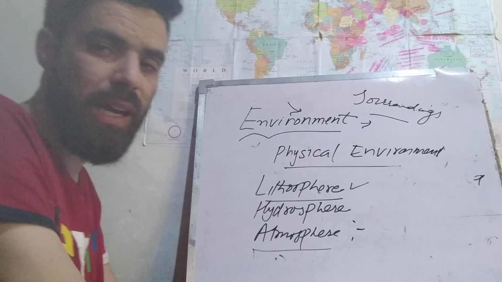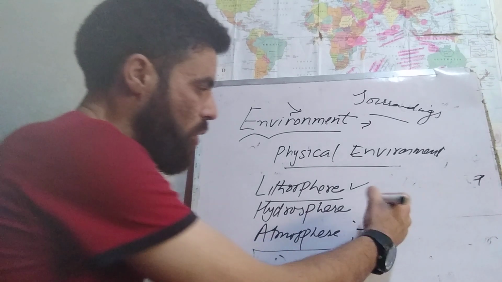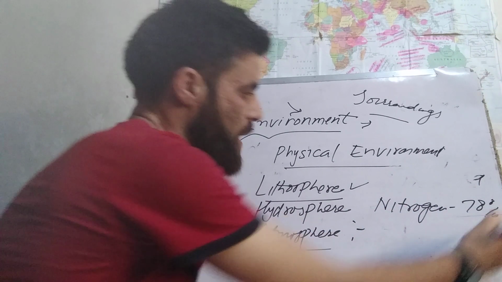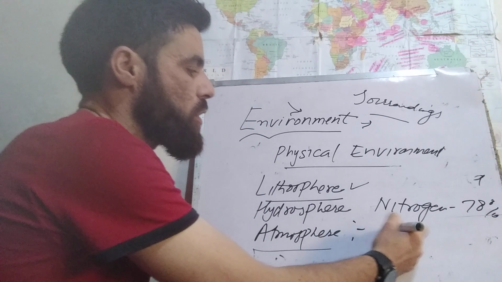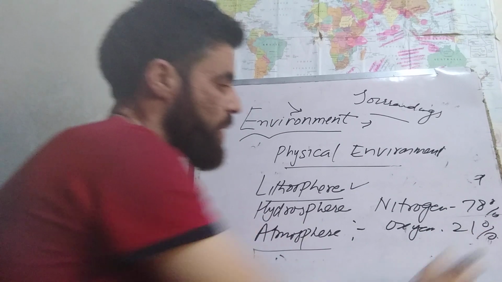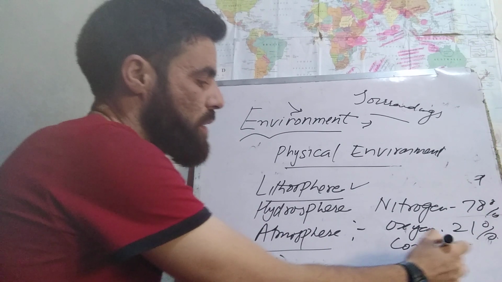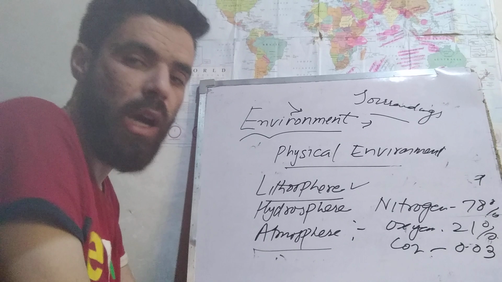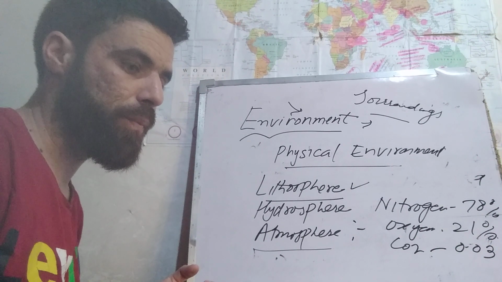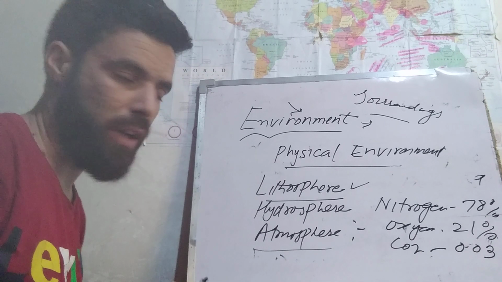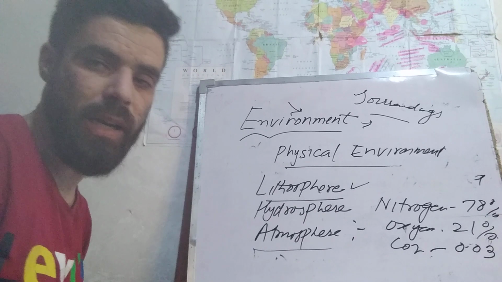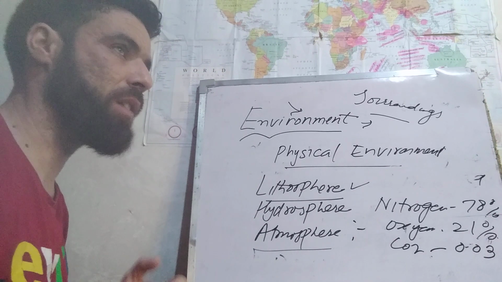In the composition of atmosphere, nitrogen is the dominant gas, 78%, followed by oxygen, 21%, then carbon dioxide, 0.03%. Apart from that, there are traces of other gases like argon, neon, propane, xenon. There are also water vapors, pollen grains and other dust particles.